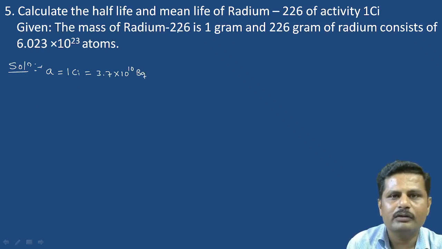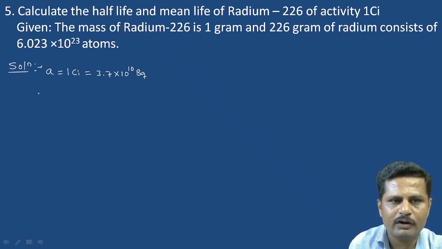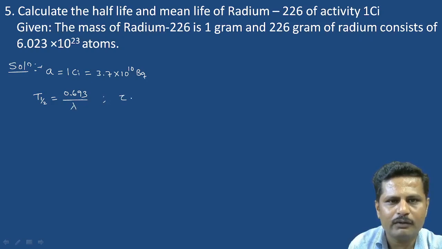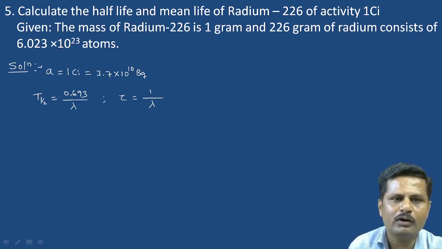Now we need to find out the half-life and mean life. For half-life, we know that the half-life period is equal to 0.693 divided by decay constant lambda, and the mean life tau equals 1 divided by lambda. So to find half-life as well as mean life, we need the decay constant lambda.